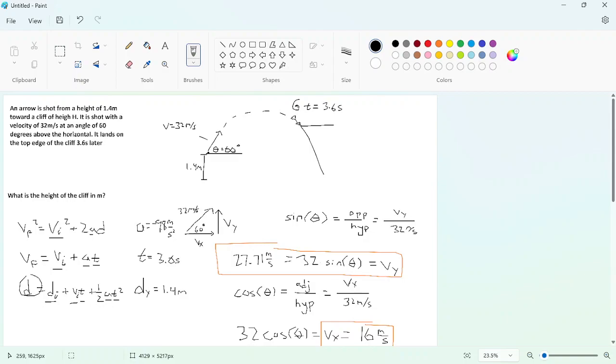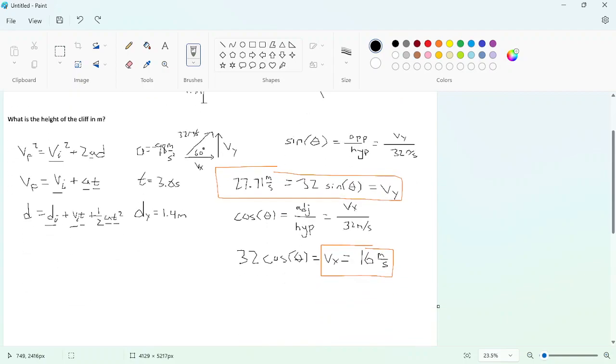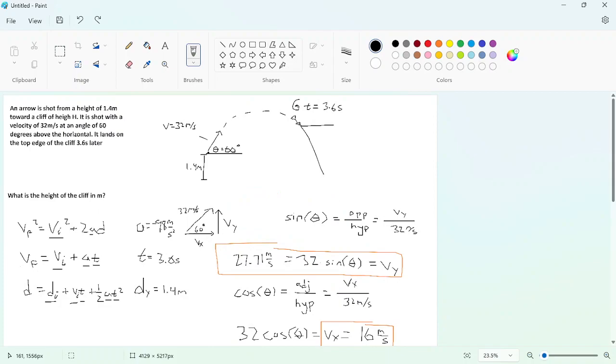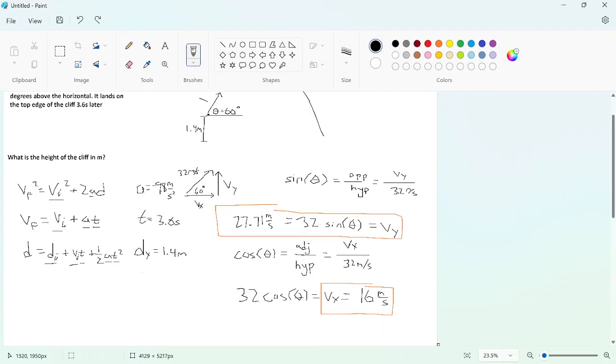So we're able to calculate the final vertical position of the arrow after a given amount of time using this formula. We will go ahead and calculate the velocity final now, because this information may be useful to us later.